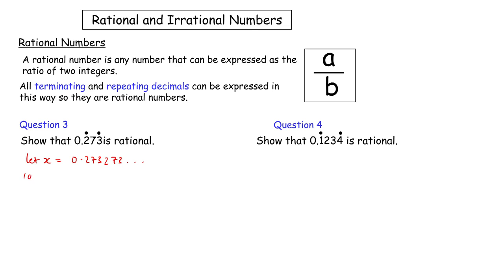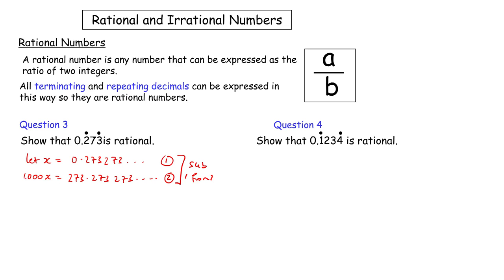So I've got 1,000x then, which is equal to, and that's 3 zeros, so I can move 3 numbers over. So it's 273.273 recurring. That's equation 2. That's equation 1. And so I'm going to subtract then 1 from 2.